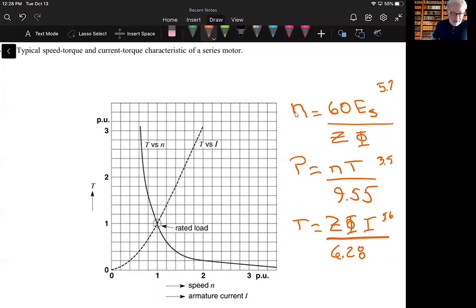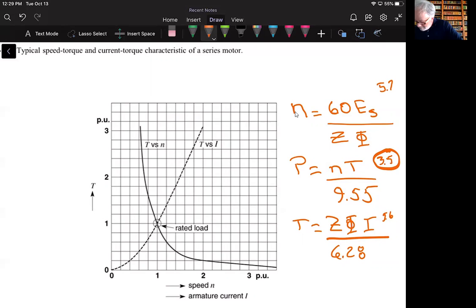But everything that we're talking about up to this point, it's not one equation. It's multiple. In equation 3.5, the power of the motor is determined by the speed times the torque divided by 955. The speed of the motor is determined by the constant 60 times the source voltage divided by the number of conductors Z times the flux per pole.